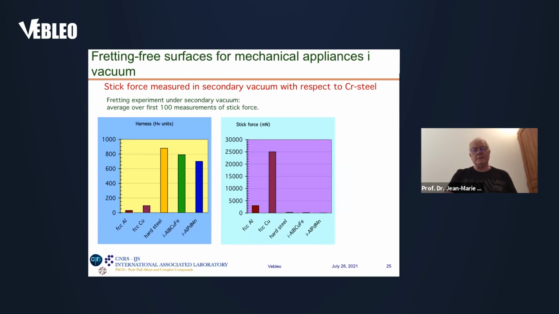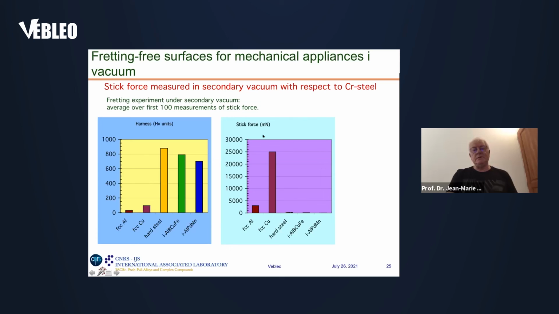Another one is the solid-solid contact force measured under vacuum against different metals. I show you here classical metals, aluminum, copper, and hard steel, and two quasicrystals, which are of comparable hardness. This is the hardness.